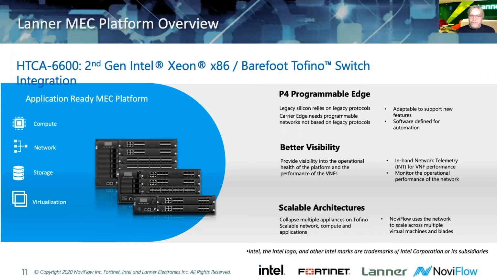The second point on why we chose BAREFOOT Tofino is that, as Prem has highlighted, there are some network functions built into this ASIC which allow us to do inband network telemetry, which means that we get much better visibility on the overall network, right at the edge when the traffic hits the network. So we can make much better and smarter decisions on the packets, on how they're going to be routed within the network.